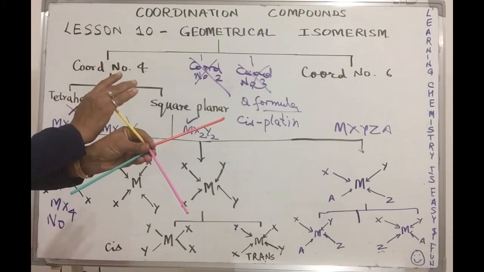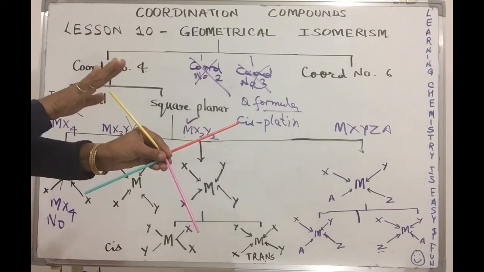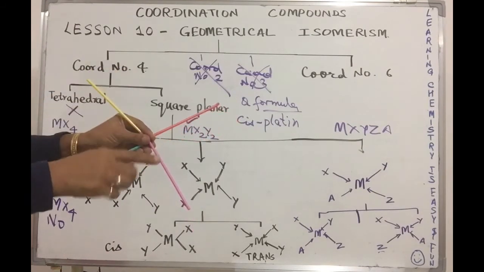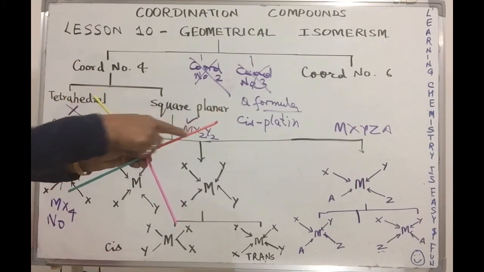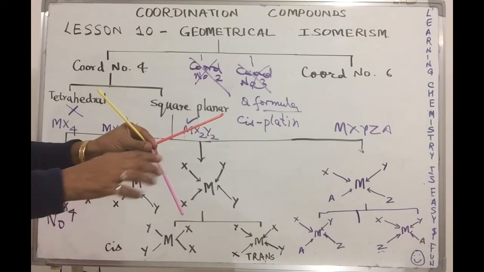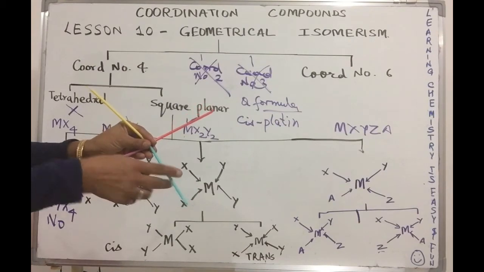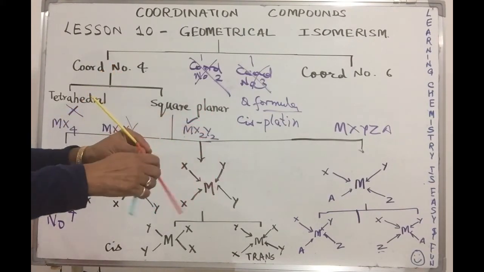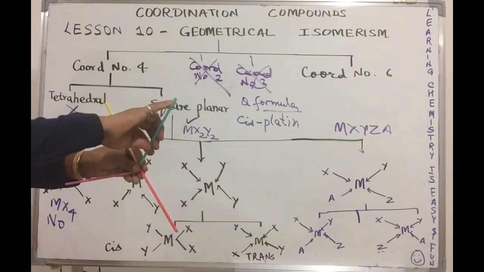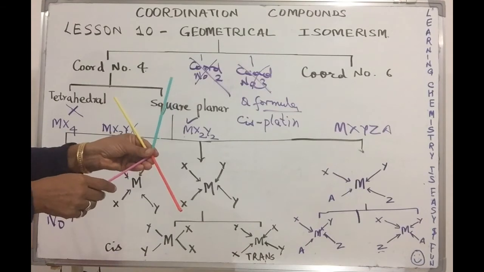So let me take yellow as my benchmark. So we keep yellow in place. 1. Pink is opposite to yellow. Red and blue are opposite. That's one form. Blue is opposite to yellow. That's the second form. Red is opposite to yellow.